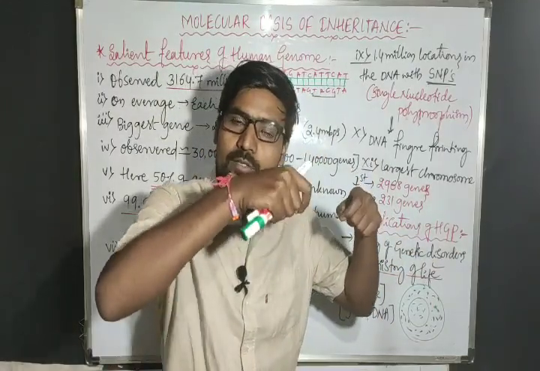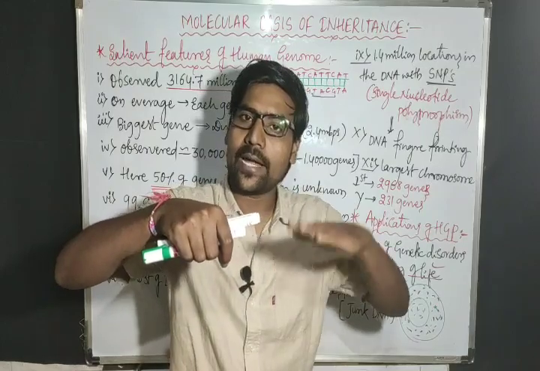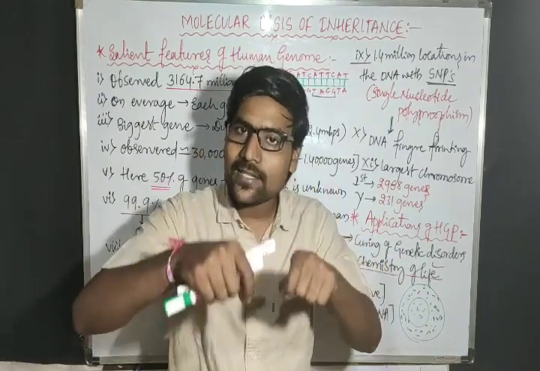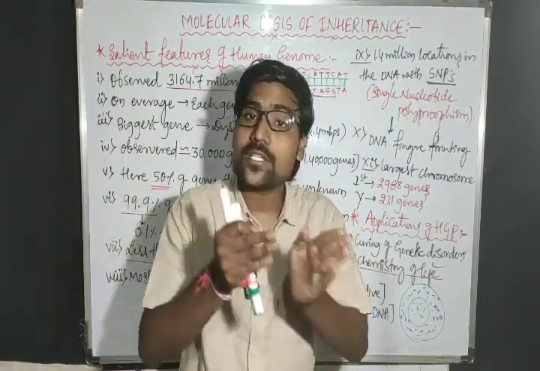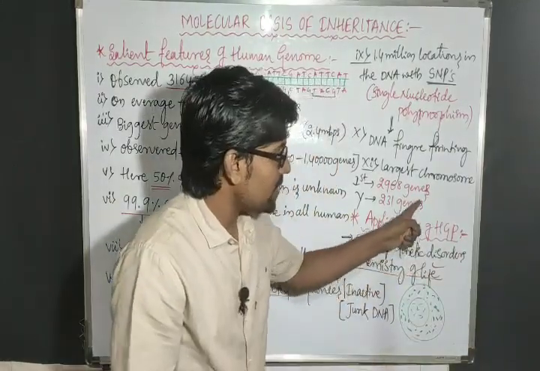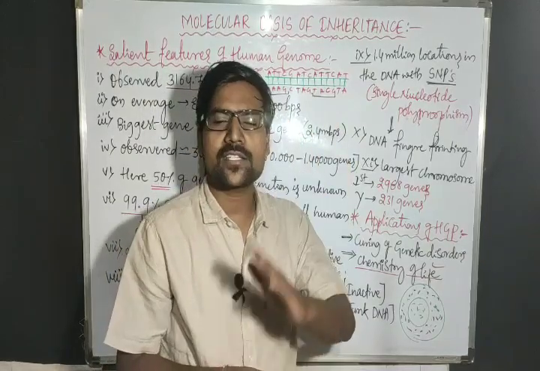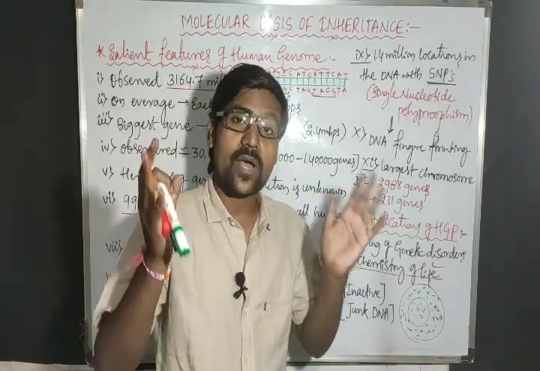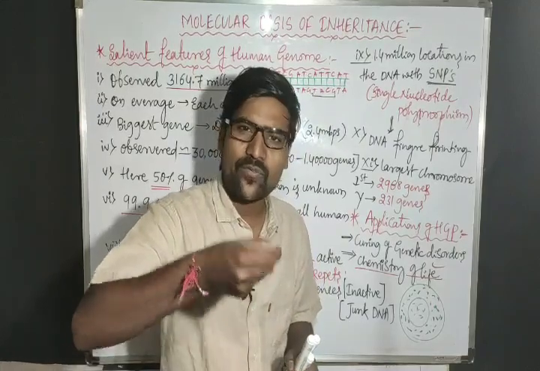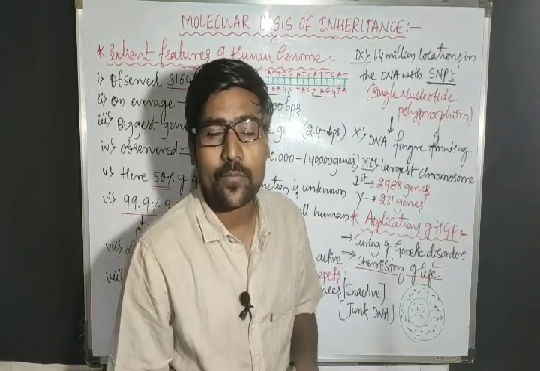So the metabolism, the kinds of reactions occurring inside the cell at particular locations inside the body, we can understand with the help of the Human Genome Project. That is a very interesting application. Actually it is a vast application, but right now if I say it like that, we cannot understand it properly.